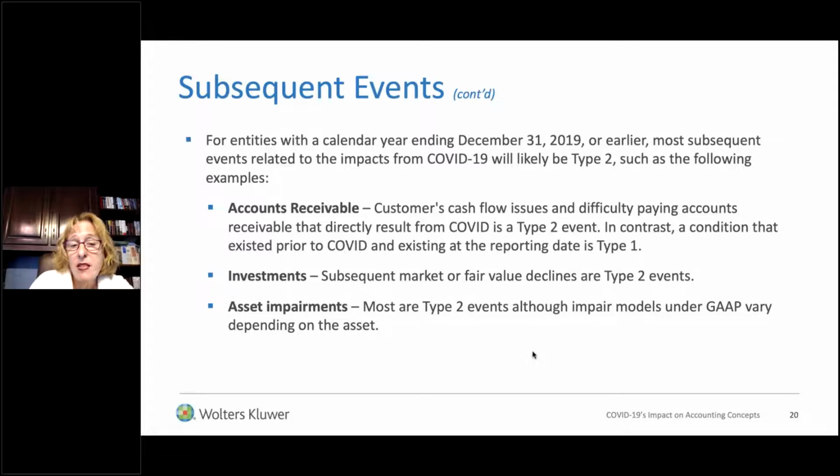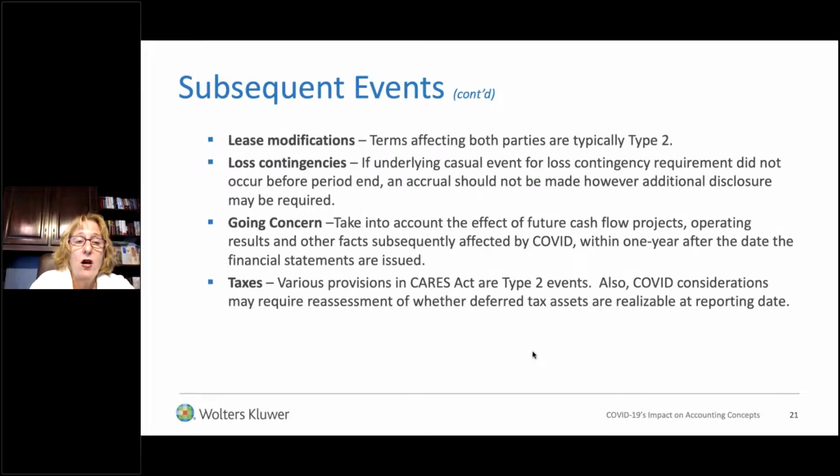There are investments. Subsequent market or fair value declines are typically type 2 events right now, they're saying, in regards to COVID. You know, the market is reacting to what's happening out there. Asset impairments, most are type 2, although the impairment models under GAAP vary depending on the asset. We'll talk about that next quarter, but that's something you need to be aware of.